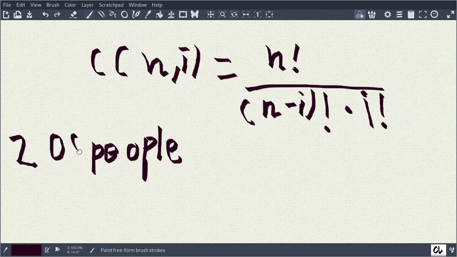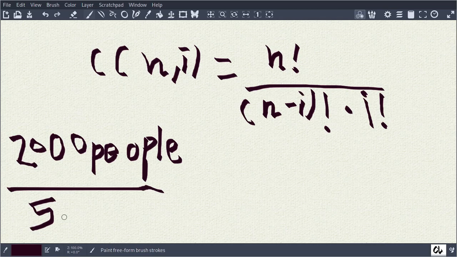Okay, there are 200 people in a school, let's say 2000, or else it's not going to be an anime plot. And there needs to be a student council, right? And in the student council, only 5 of the students can be in the student council. Let's just call it S.C. for student council. And in how many ways can we make the group of 5 people?